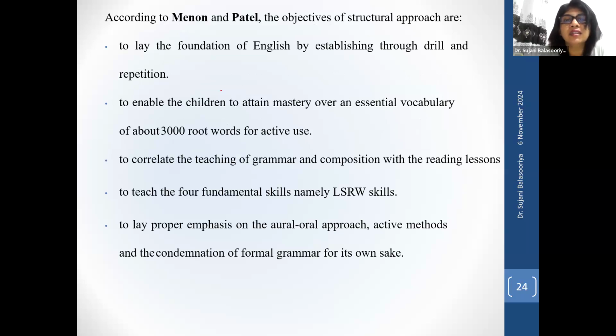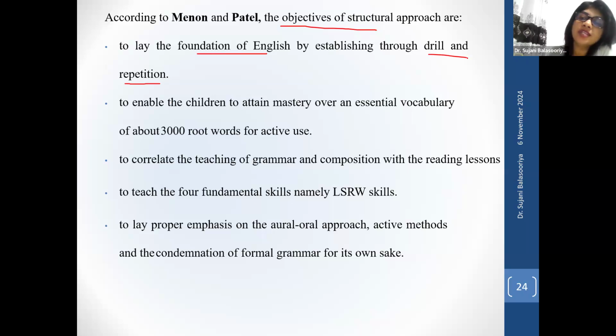These are Indian educationists. According to them, objectives of structural approach are listed down here. There are several different objectives. See whether you understand this. To lay the foundation of English by establishing through drill and repetition.